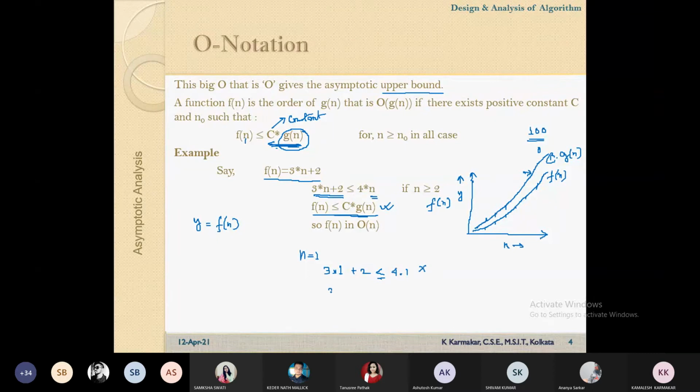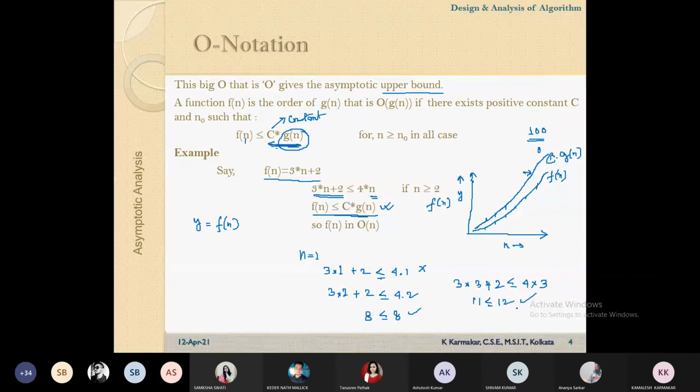Now if I try the next value, 3 into 2 plus 2 less than or equal to 4 into 2. This value is 6 plus 2, 8, so 8 is less than or equal to 8. This one is satisfied. Now if I put 3 into 3 plus 2 less than or equal to 4 into 3, it will be 11 less than or equal to 12.